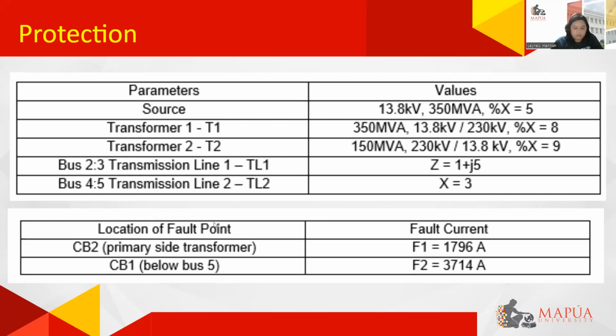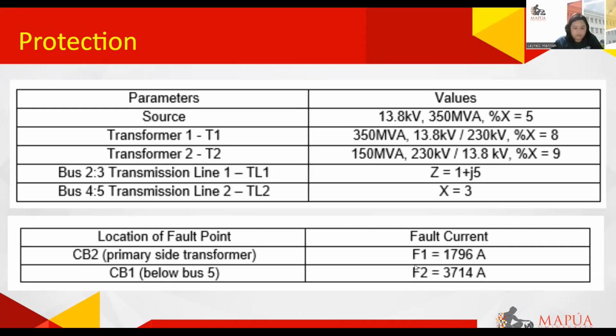Then we can see here, after conducting the short circuit analysis, we have a fault current of 1,796 amperes for fault 1, and for fault 2, we have 3,714 amperes. Based on the results in ETAP, it is evident that the fault current rises as one moves farther away from the source and falls as one moves closer.